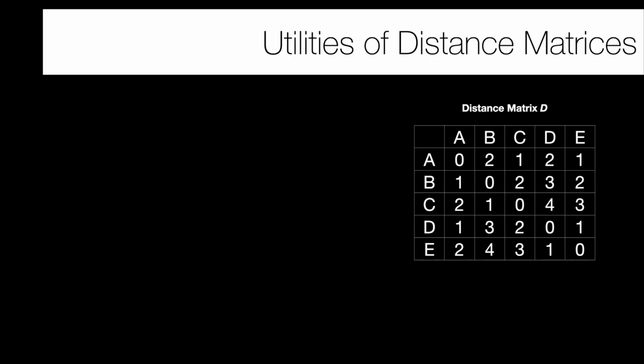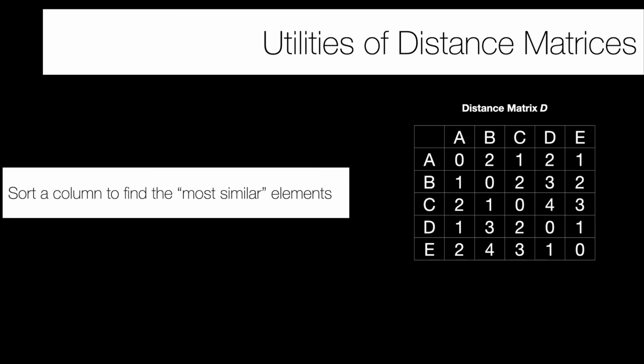So why is this useful? What does this give us? What does this distance matrix allow us to do? Well, really, we can take any column in this matrix and sort them to find the most similar elements. So here, say we take node B, and we sort to find that B is most similar to itself, second most similar to C, third most similar to A, and so on.